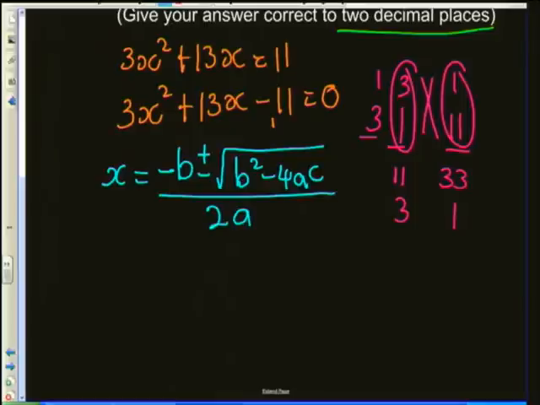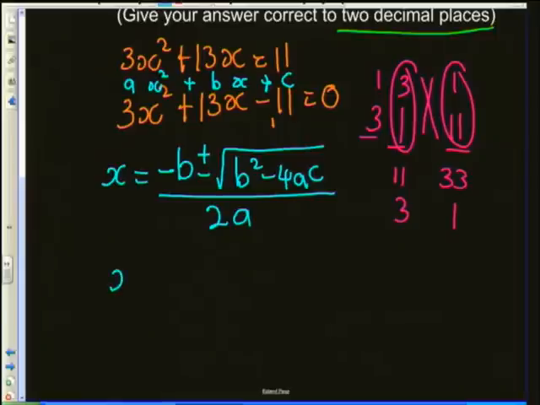Okay, so what is my b going to be? My b is 13, okay? Remember that this quadratic expression can be written in the form ax squared plus bx plus c, okay?